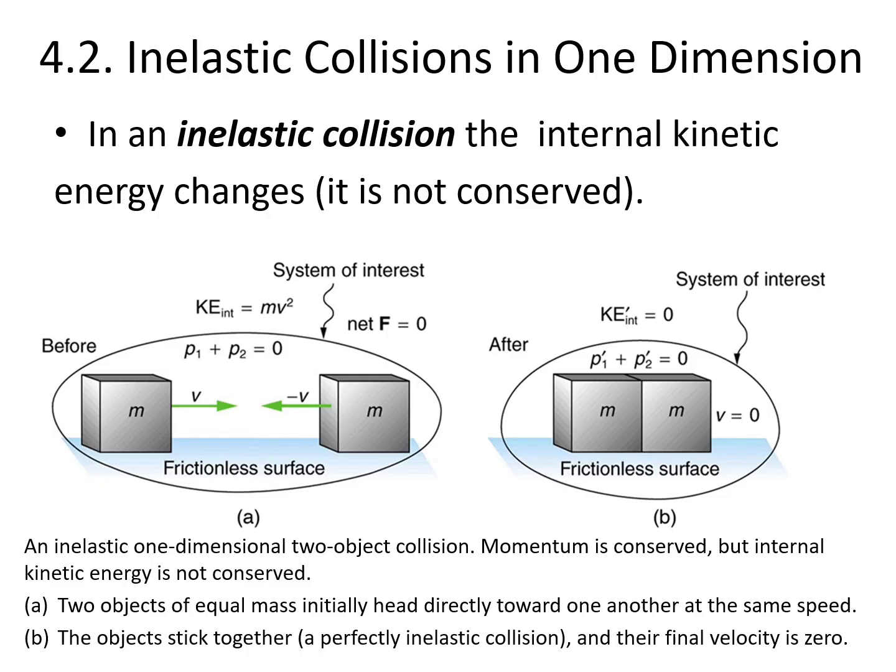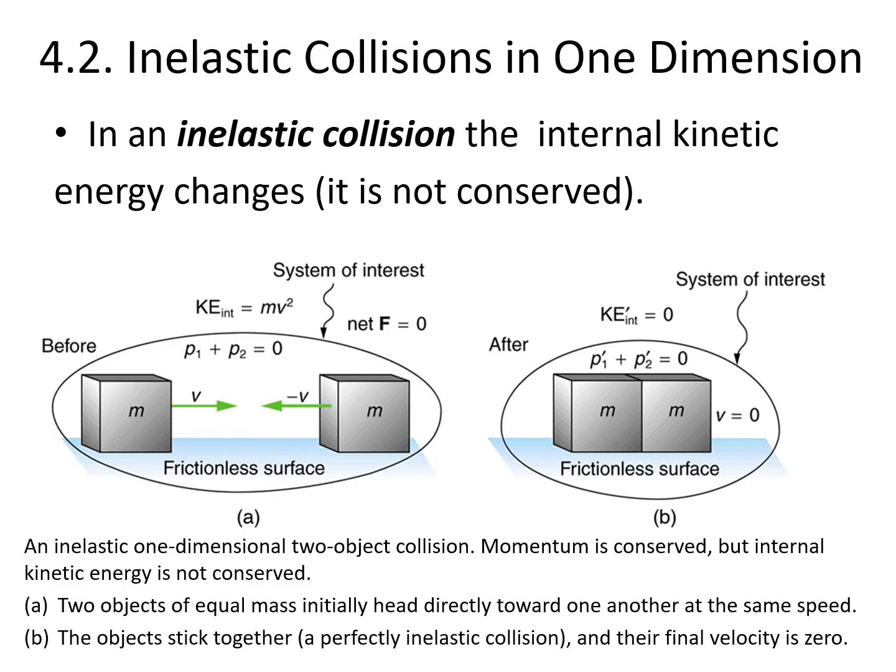The slide shows a special case called a perfectly inelastic collision. Two objects of equal mass move toward each other with equal speeds. They stick together after the collision. Since their momenta are equal in magnitude and opposite in direction, the total initial momentum is zero. After they stick, the final velocity is also zero.